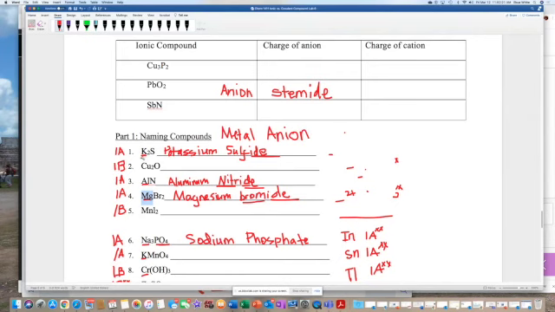And this is an anion of an individual element, not a group of elements. So it's a monoatomic anion. So potassium sulfide, aluminum nitride. These are all following the metal name and then the anion. Remember, the metal is named as an element. Okay, so these are all following that format.